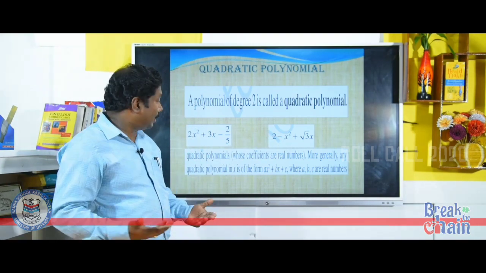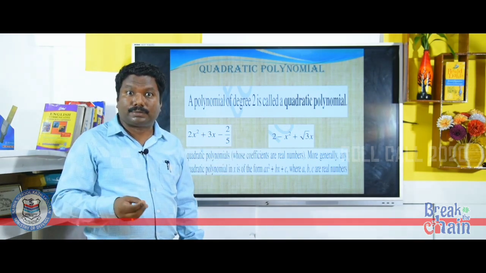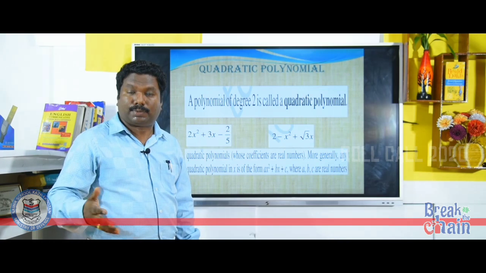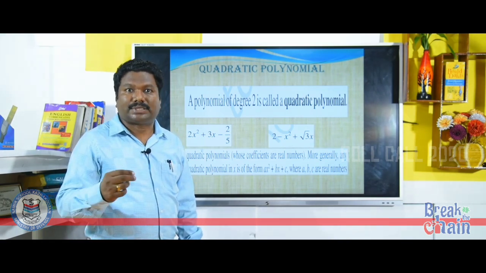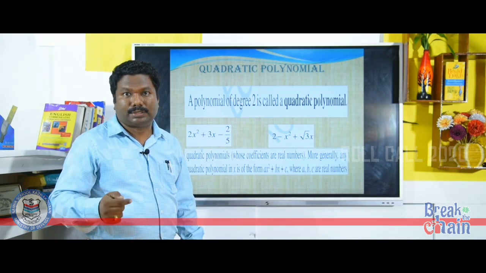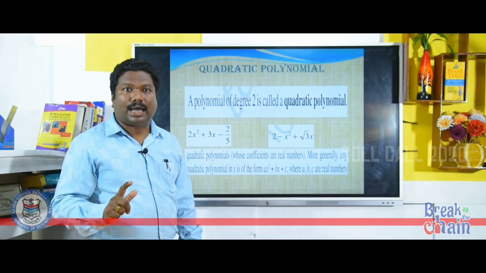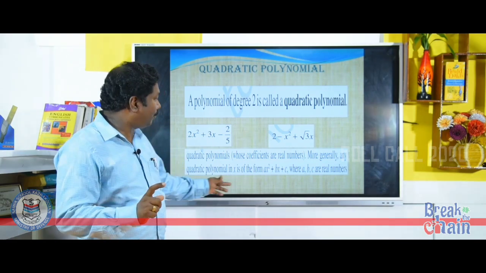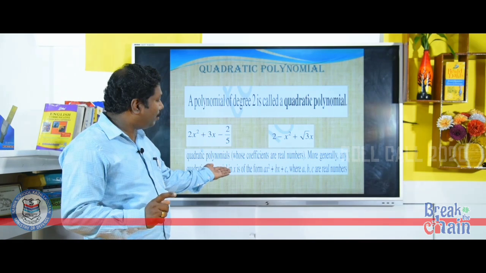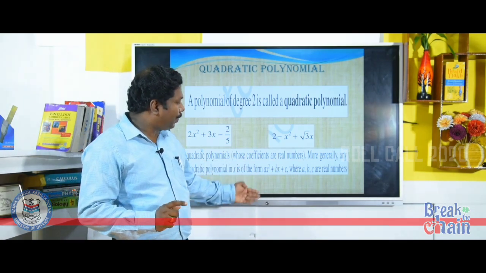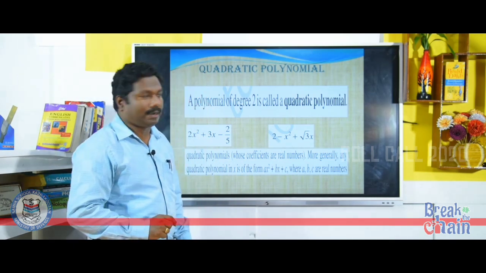In general, a quadratic polynomial has the form ax square plus bx plus c, where the coefficients a, b, c are real numbers and a is not equal to 0.